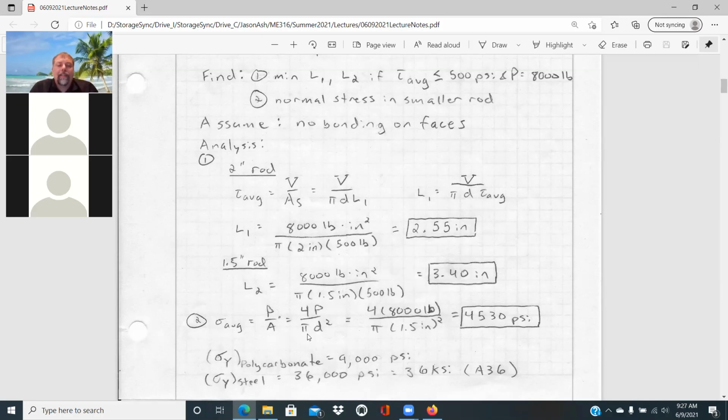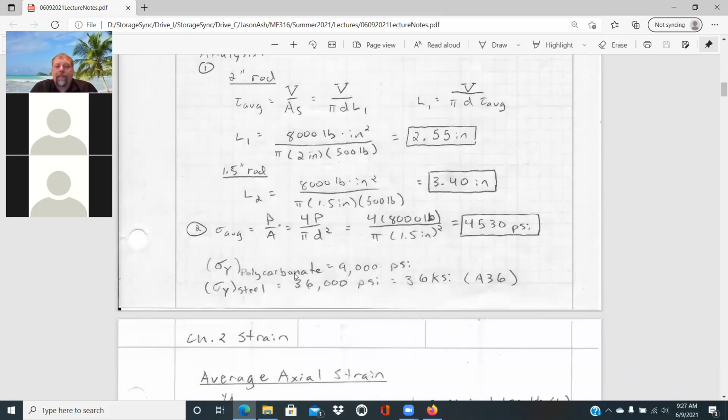And that cross-sectional area is pi d squared over 4. And so we can place our values in there, 4 times 8,000 pounds for the load, divided by pi, divided by the diameter, 1.5 inches, quantity squared, will give us 4,530 psi.